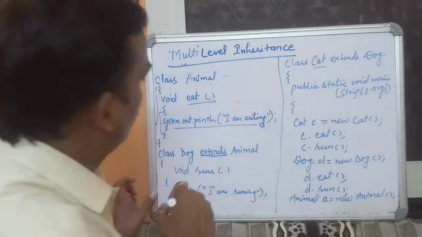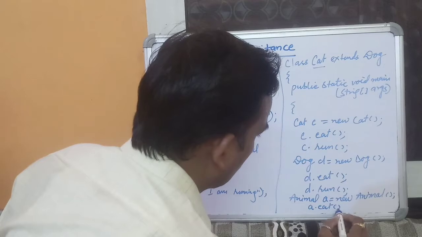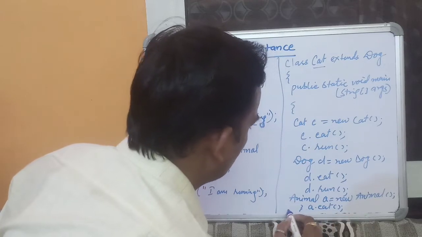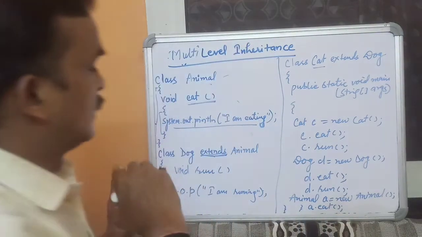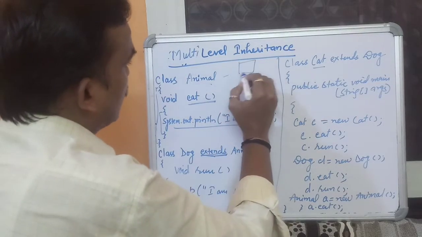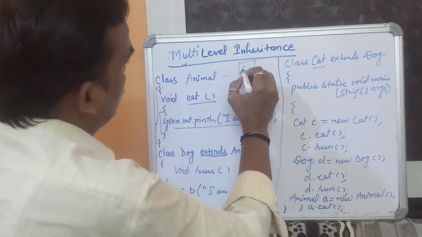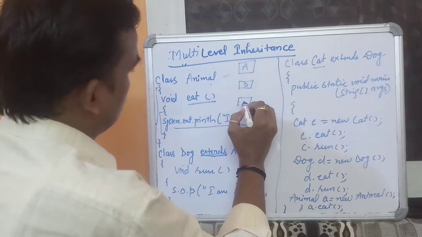Only the parent class method will be accessed. So here we use a dot eat, and we close the method and we close the class. So to say, the scenario was like this: here we have animal, this is dog and this is cat.